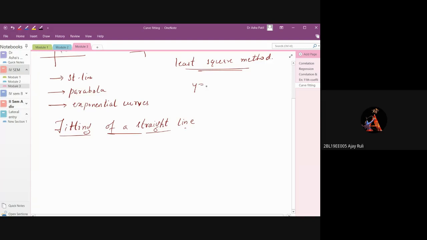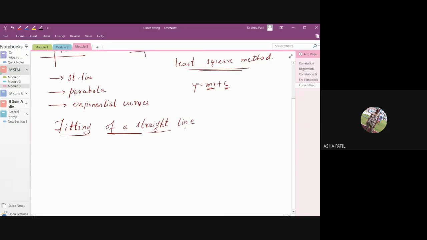Y minus y1 divided by x, no, that becomes two point form or your point slope form, I think you are telling. You are nearer to that. Nothing wrong if at all you say y equal to mx plus c. But this is actually, we call it as the slope intercept form, right? M is the slope, c is the x intercept, sorry, y intercept. Then we write y equal to mx plus c.